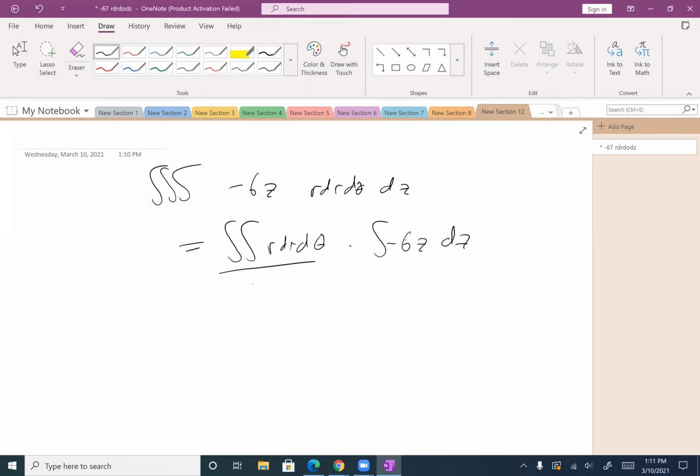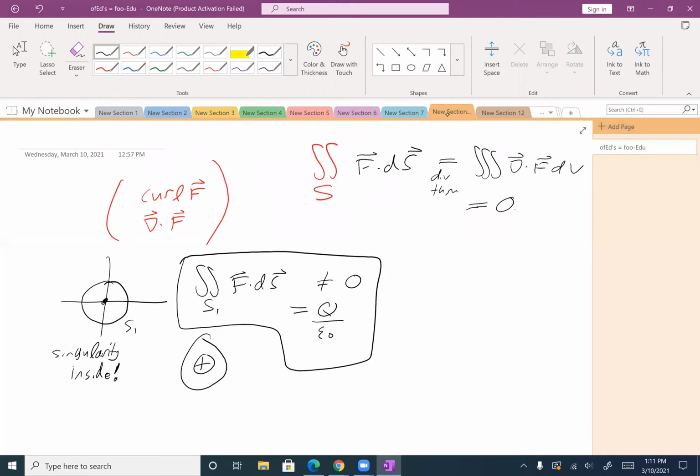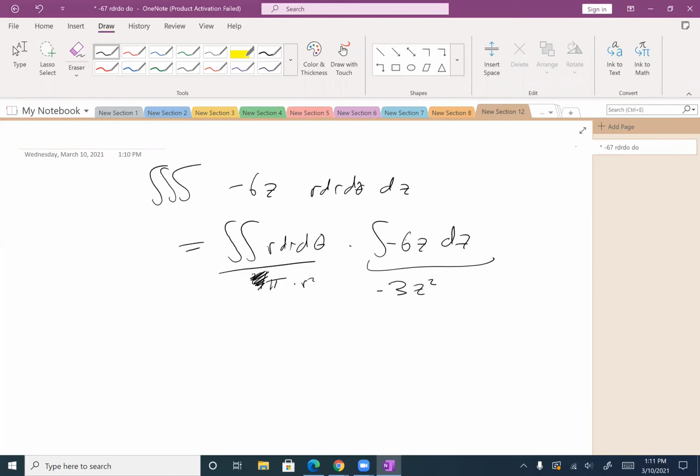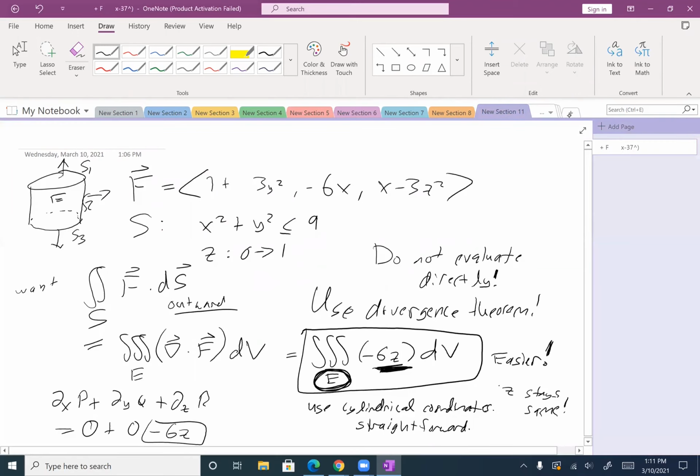So that thing, I think, is just the area of a circle. So I think it's like pi times r squared. And then this, of course, will just be something like 3 c squared. So like I said, it turns out that the problem becomes really easy if you just do it using the divergence theorem and not with the surface integral. With a surface integral, this would be quite bad.